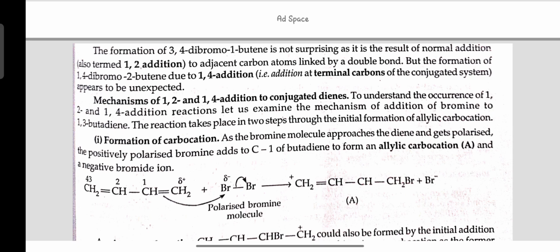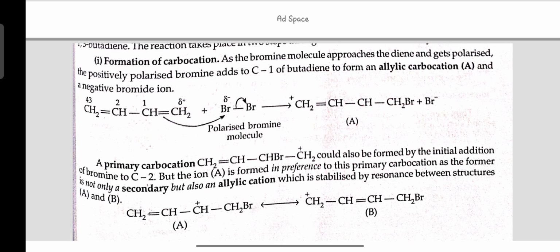Mechanism of 1,2 and 1,4 addition to conjugated dienes. To understand the occurrence of 1,2 and 1,4 addition reactions, let us examine the mechanism of addition of bromine to 1,3-butadiene. The reaction takes place in two steps through the initial formation of an allylic carbocation. First, formation of carbocation. As the bromine molecule approaches the diene and gets polarized, the positively polarized bromine adds to C1 of butadiene to form an allylic carbocation A and a negative bromide ion.